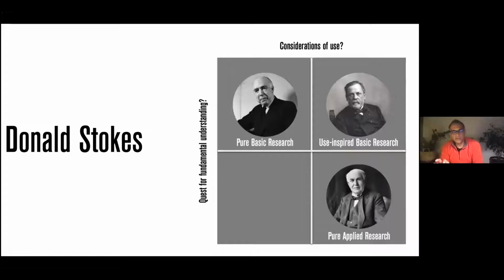That's referred to as Pasteur's quadrant. So the work that we do in Google ATAP is focused on that top right corner, which is doing research that solves an important problem for people, for the environment, but also is technologically advanced. And that's the goal of this group within Google.